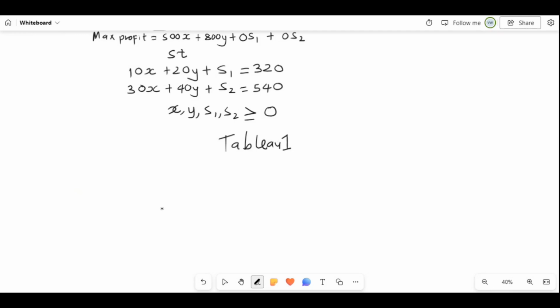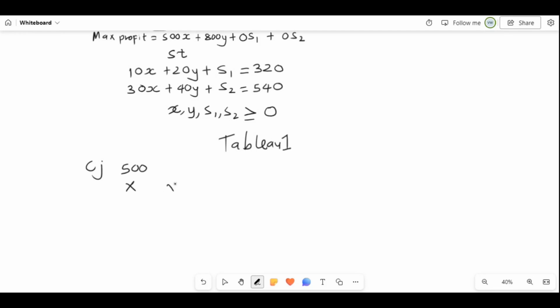Then in my tableau 1, I'll introduce a row known as the CJ row. This CJ row will have variables of the objective function together with their coefficients, so that if I have the variable x, the coefficient there is 500.